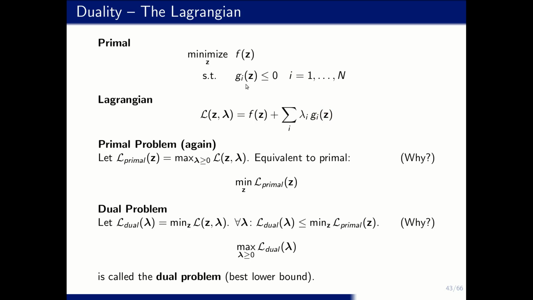To wrap this up, for a feasible point this function L primal will be just identical to the objective f(z), and for an infeasible point it will be infinite. Therefore if we minimize over z, any infeasible point will yield infinity, and a feasible point will yield the original objective. So this is indeed equivalent to solving the original problem.